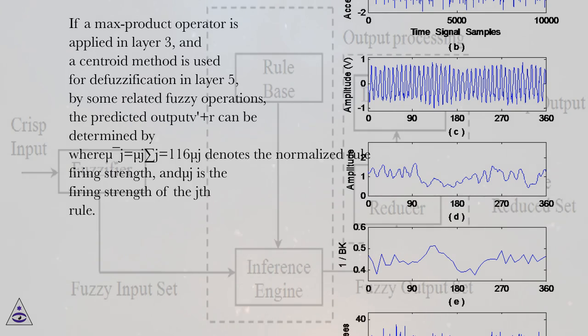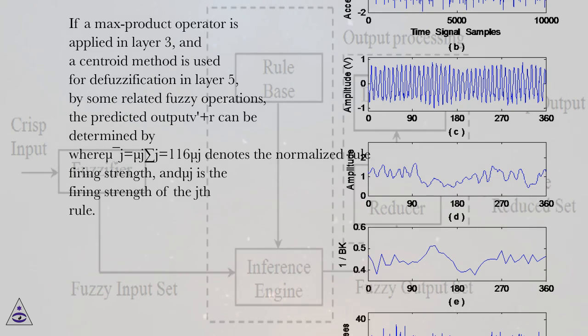If a max product operator is applied in layer 3, and a centroid method is used for defuzzification in layer 5, by some related fuzzy operations, the predicted output can be determined, where the normalized firing strength of the Jth rule is given by mu-bar J, and mu J is the firing strength of the Jth rule.